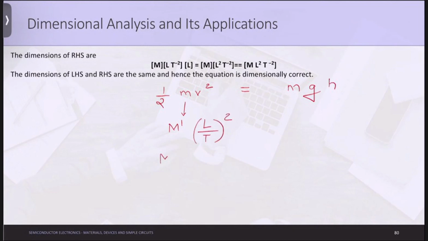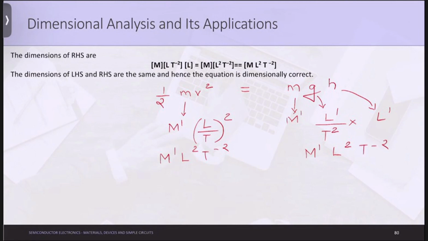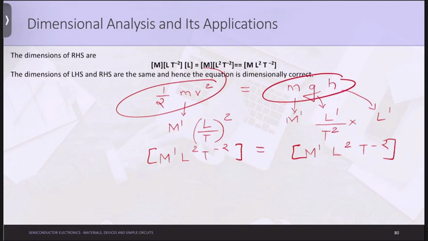So this will be nothing but M1 L2 T minus 2. Similarly, m will give you mass M1, g will be acceleration, that will give you L1 upon T squared, and height will give you again L1. So this will be again M1, L1 into L1 will give you L2, and T minus 2. So as you can see, both sides are the same, and hence this is dimensionally correct. Fine. I explained it in front of you only. This is also energy, this is also energy. So this will be understood in subsequent classes.